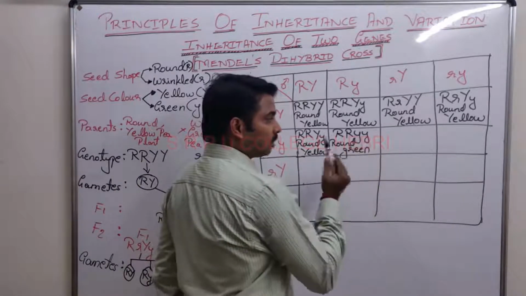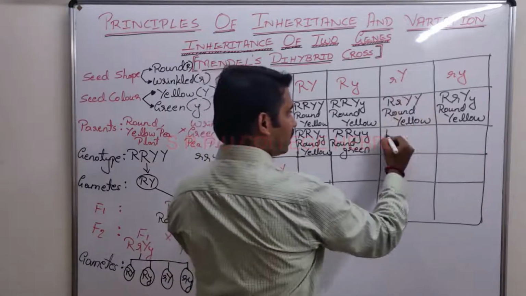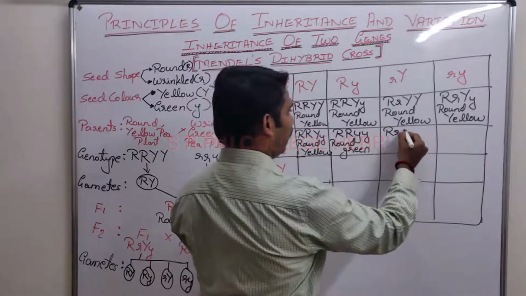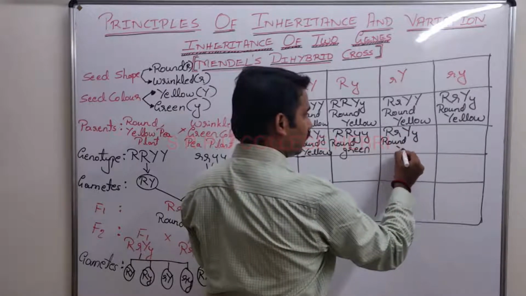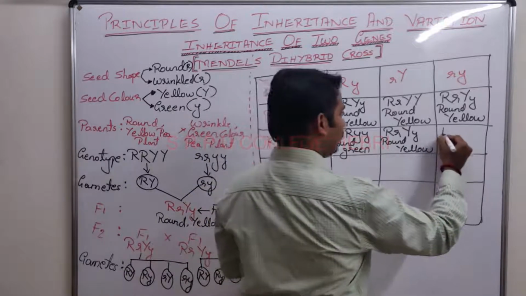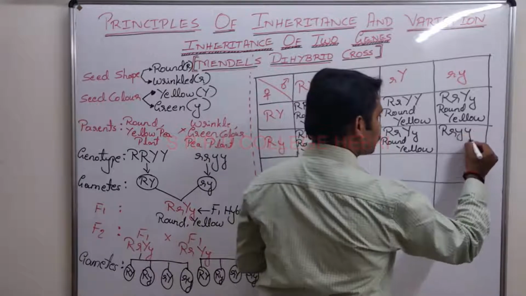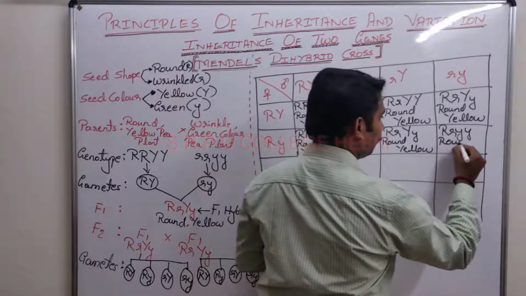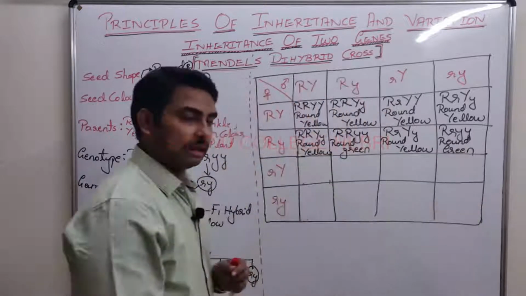Capital Y is not there and hence it becomes green. What about in this case? Capital R, capital Y, small y. It is round yellow. Okay, now again here capital R, small y, round what? Green, round green.